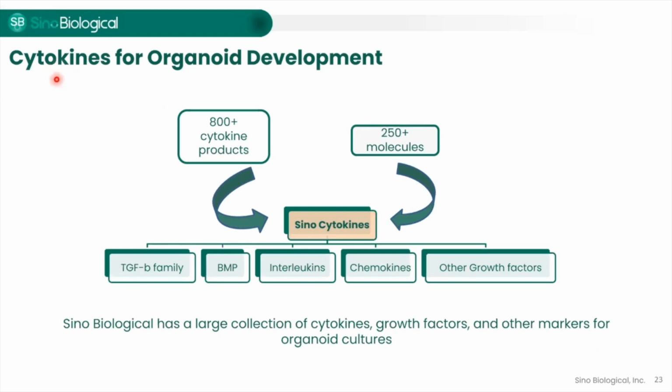As we have been emphasizing throughout this presentation how important cytokines are for organoid development, Sino Biological offers more than 800 cytokine products that cover more than 250 molecules. And it covers the major families like TGF-beta, BMP, interleukins, chemokines, and other growth factors that are used in stem cell and organoid cultures.